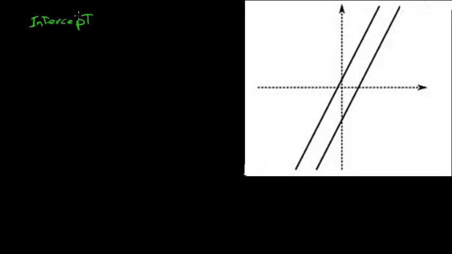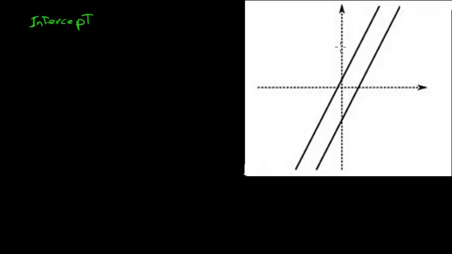Two lines can have the same slope and be in different places on the graph. The way we distinguish them is to find the point where they cross the y-axis.